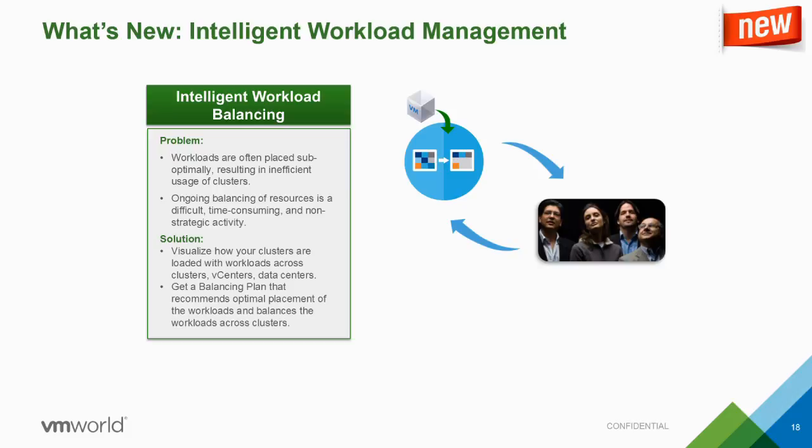We're putting a lot of resources behind this, and we keep adding capabilities with every release. With the first release, we have the idea of balancing your workloads, intelligent workload balancing. Think about that from a capacity perspective, looking at the capacity of your environment overall and whether you can balance it or not.